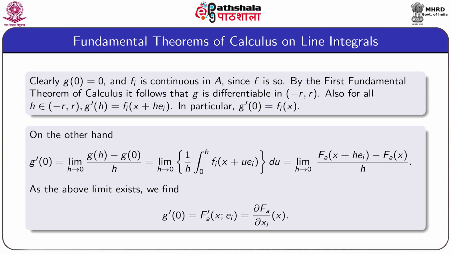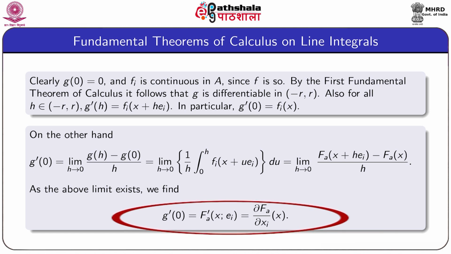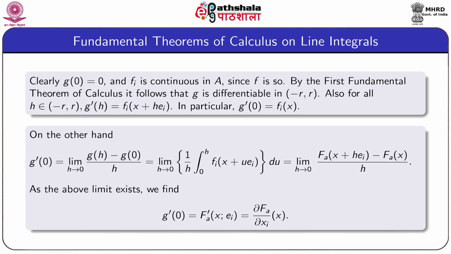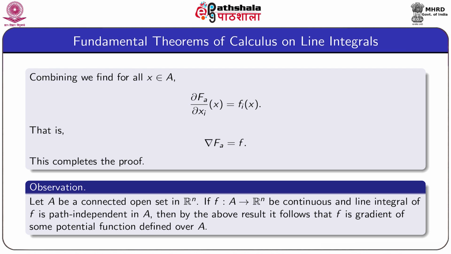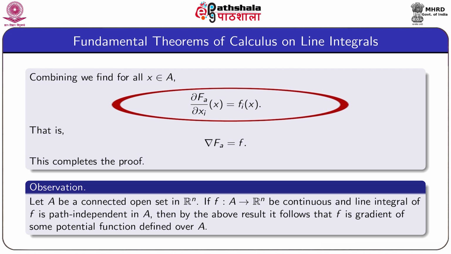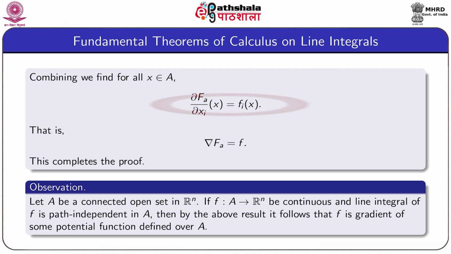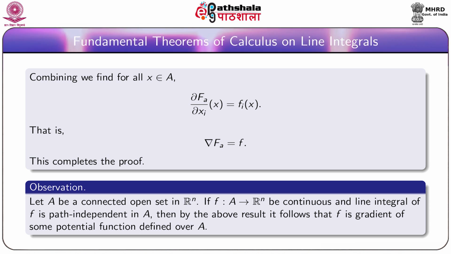As the above limit exists, we find g'(0) equals f_a'(x; e_i), which equals the partial derivative of f_a with respect to x_i at x. Combining the results we have already found, for every x in A, the partial derivative of f_a with respect to x_i at x equals f_i(x), that is, grad f_a equals f. This completes the proof.